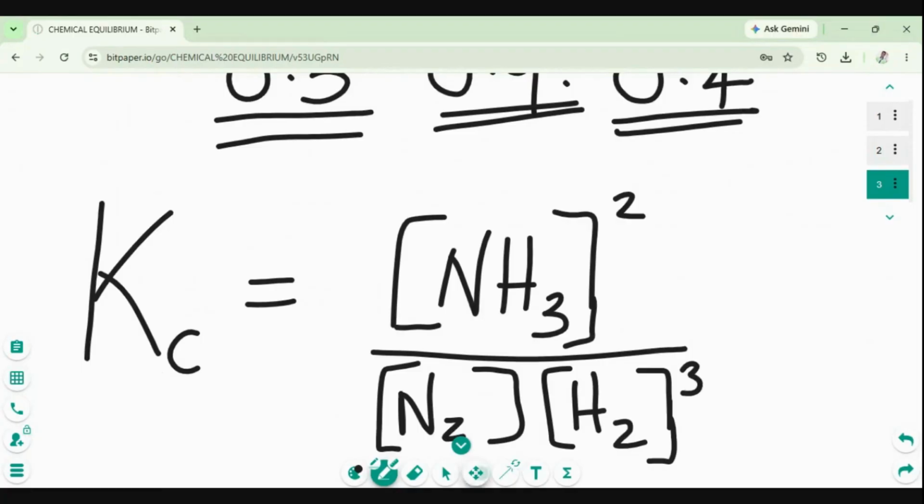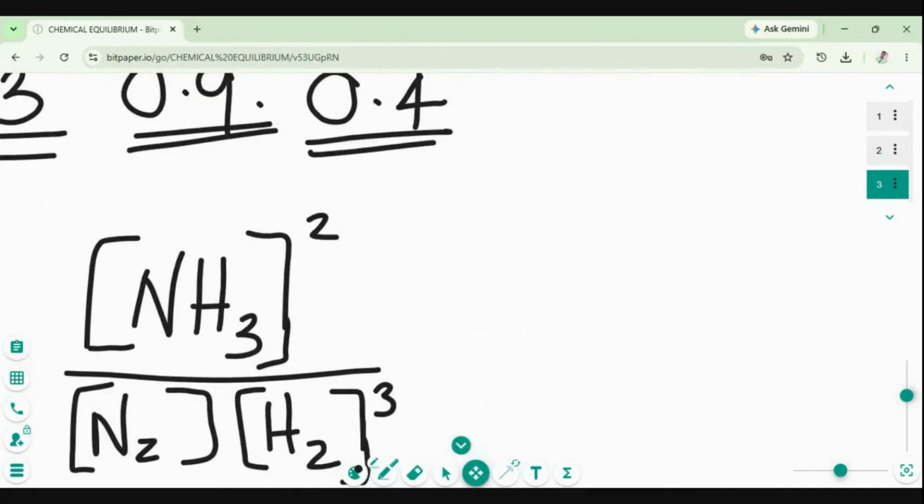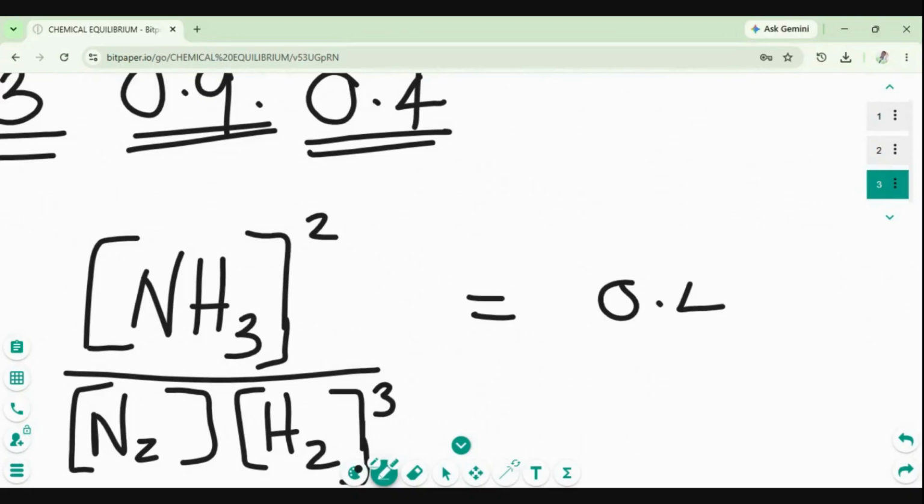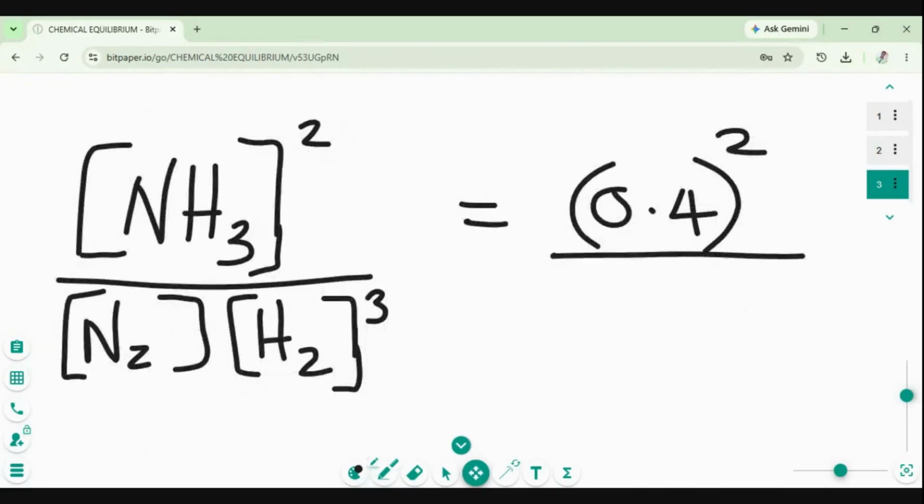Remember, we are calculating. The first thing is the formula. Substitution into the formula, which will be equal to 0.4. The square brackets end there, because now this is mathematics. We don't need the square brackets. 0.4 squared. The chemistry ends here. It's going to come back later in the answer.